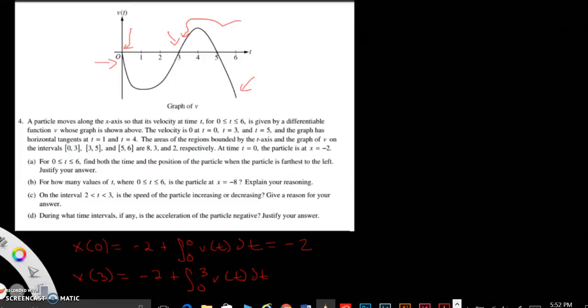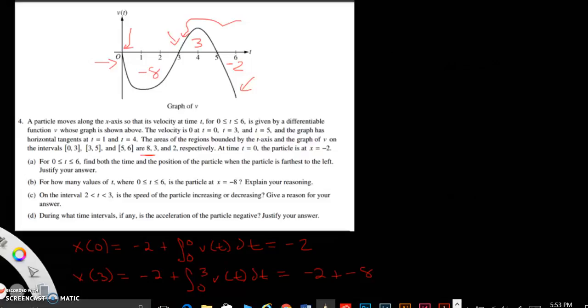But in this case, that's going to equal negative 2 plus negative 8, because it gave us this negative 8 here. So let me put those in. Negative 8, this is positive 3, and this is negative 2. Since it's below the x-axis, it's negative. Since it's above the x-axis, it's positive area.